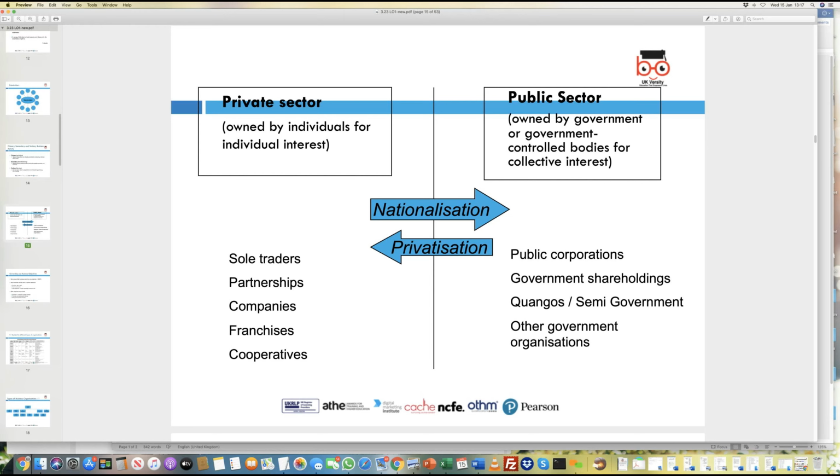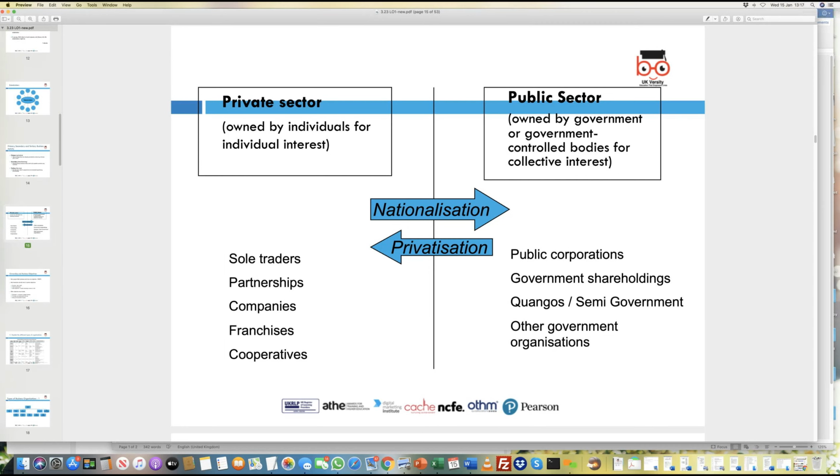That means the government will take control or a stake in those enterprises or organizations, whereby they will be semi or fully controlled by government organizations, directly or indirectly by the government, and that process will be called nationalization.